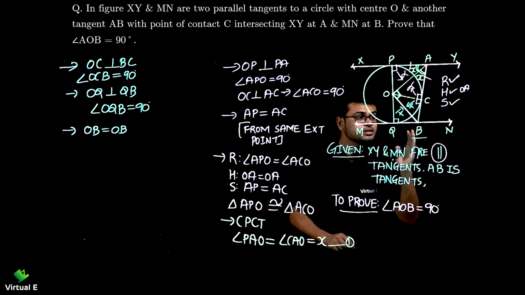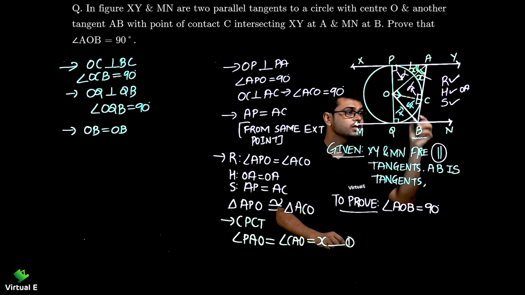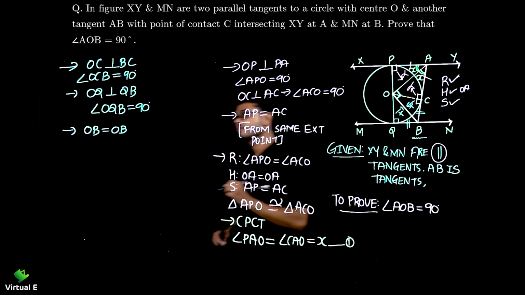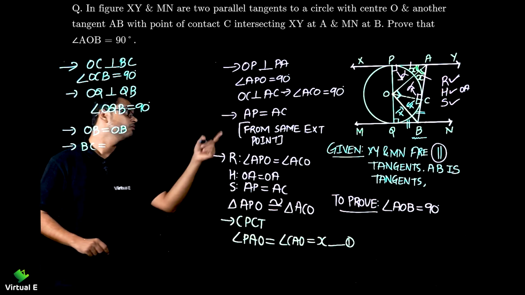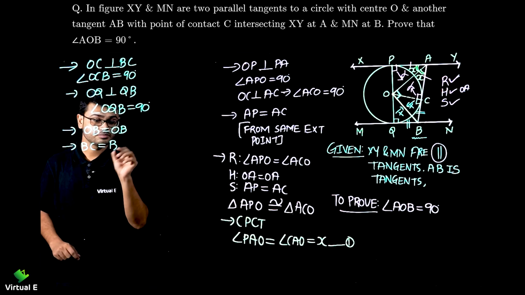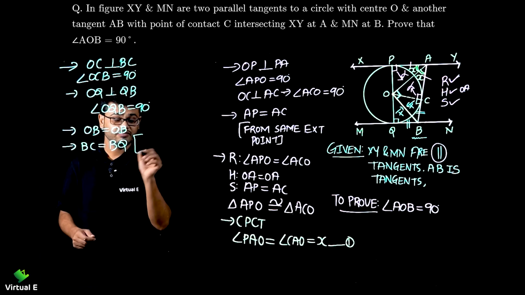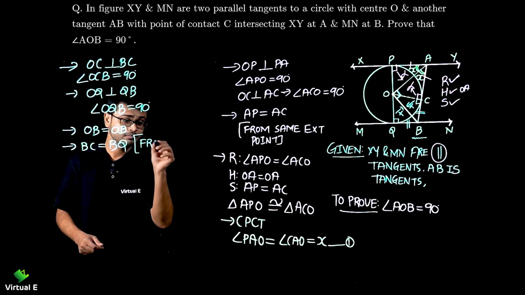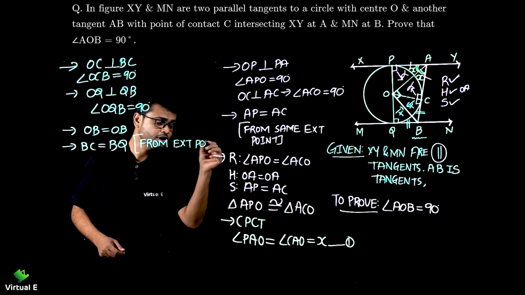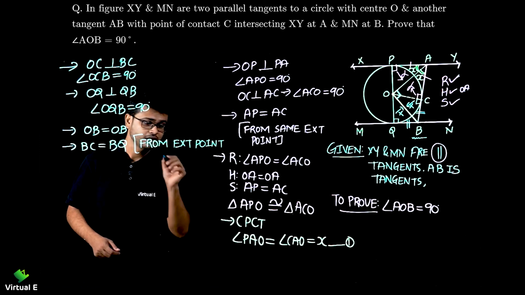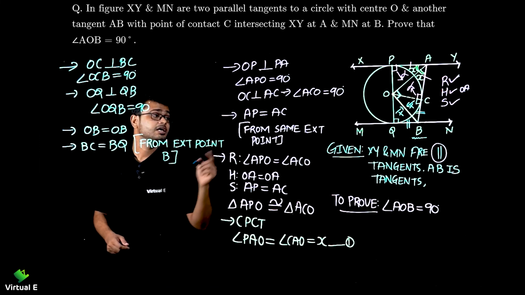So from an external point, tangents will be equal. So BC is equal to BQ, from the external point B. Remember, the external point is B.